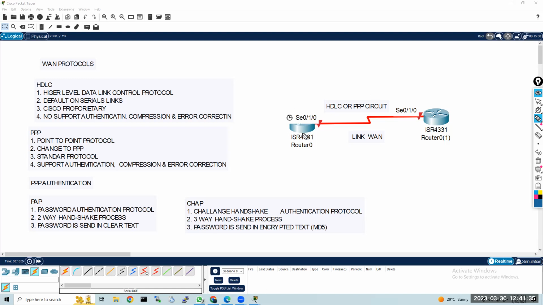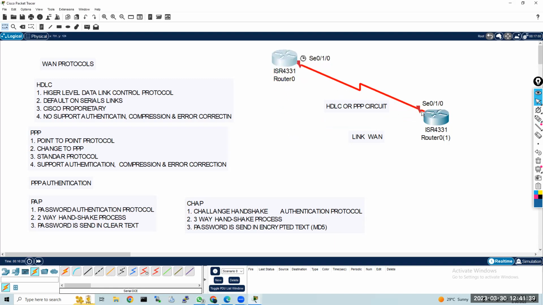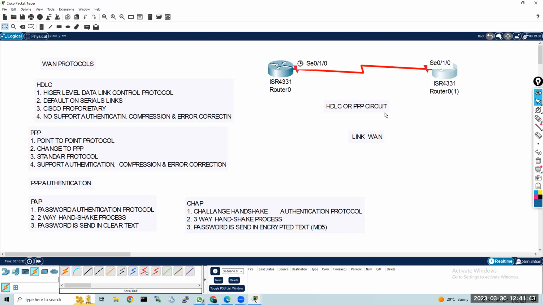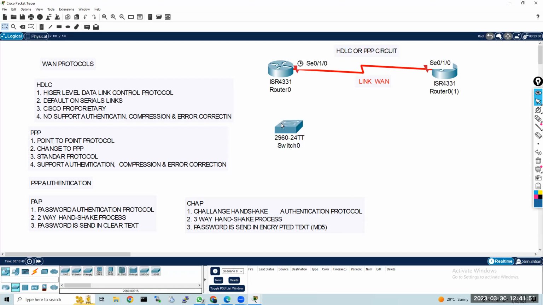PAP is just for routers, irrespective of login credentials. It's a two-way handshake, whereas the three-way communication is encrypted. Like in WhatsApp, that is an example of three-way, secured communication. The encrypted form generates a key or something.